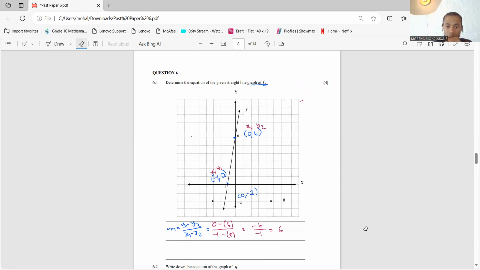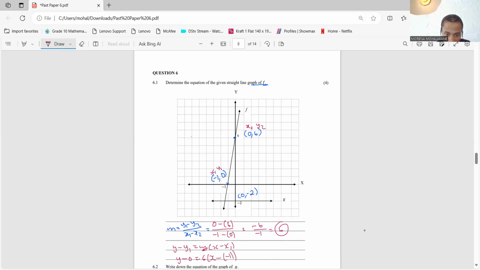Then we get to use that equation. Going to say y minus y1 equal to m(x minus x1), right? So y minus 0, and I just calculated m as 6, times x minus, what is x1?